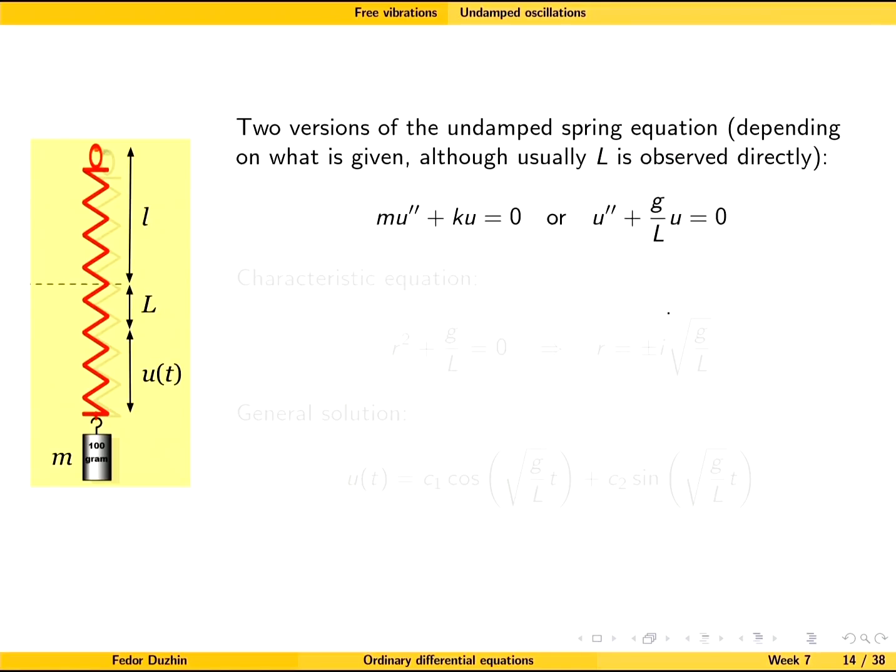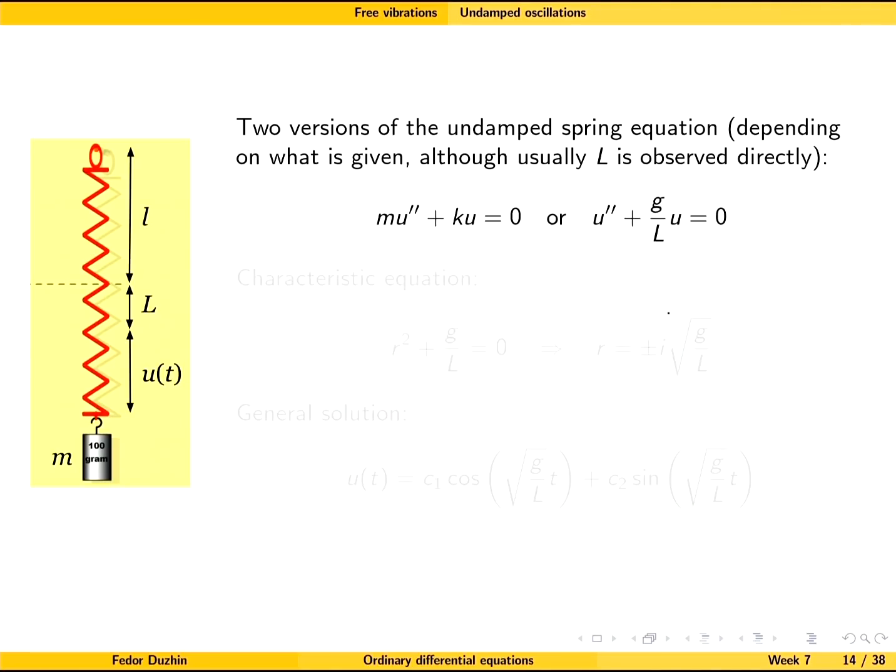But then usually, of course, how do we know the spring constant K? We cannot really measure it directly. So usually what we do, we can measure g, the gravitational acceleration, and we can measure L, the displacement of the spring.